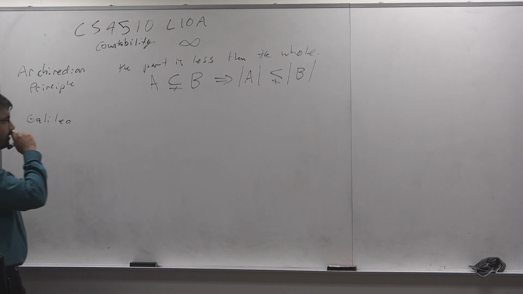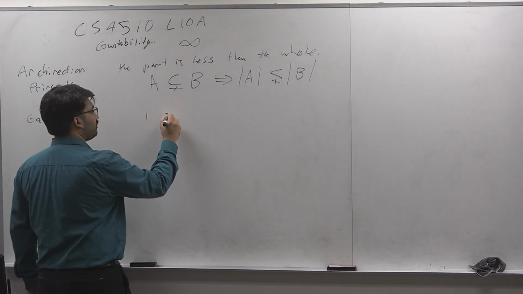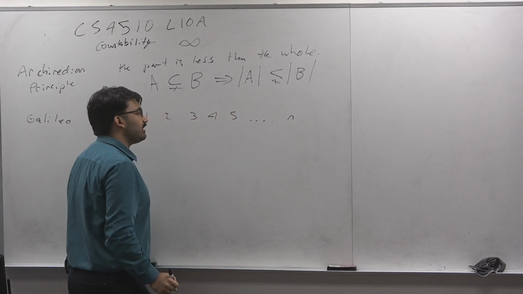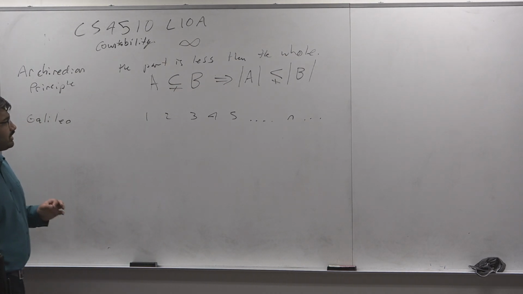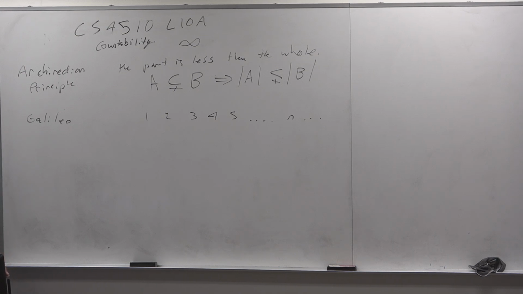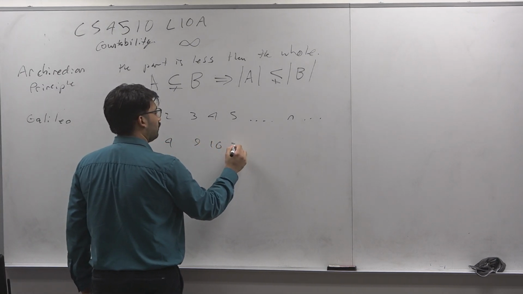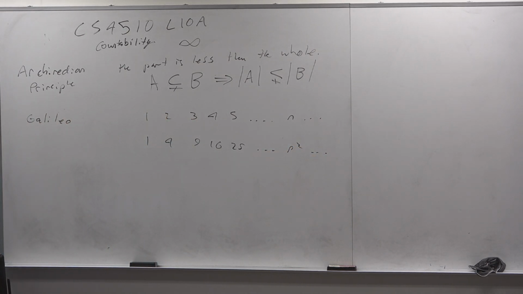What he calls a paradox is that we may consider the natural numbers, let's say 1, 2, 3, 4, 5, and we may correspond to each natural number a perfect square. First off, what are perfect squares?